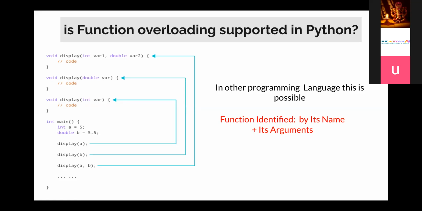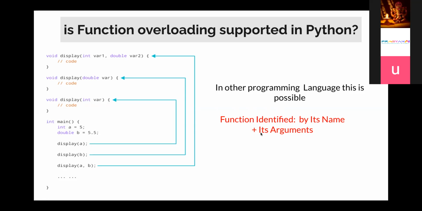But in Python, functional overloading is not supported, because Python doesn't allow this. This approach is possible only in programming languages which identify functions using both the name and the arguments.